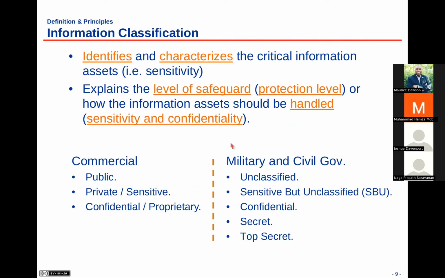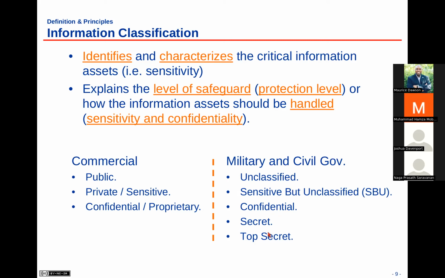All right, so information classification, this is what I mentioned earlier: commercial, public, private, sensitive, confidential. Just think low, medium, high, right? Military. So here they show five, really unclassified through confidential. You can put the top three in the same category, right? So unclassified, confidential is all the same. Then you have secret, top secret.